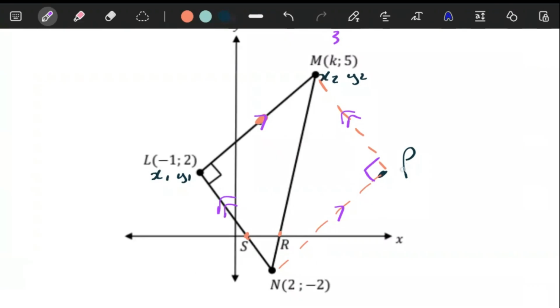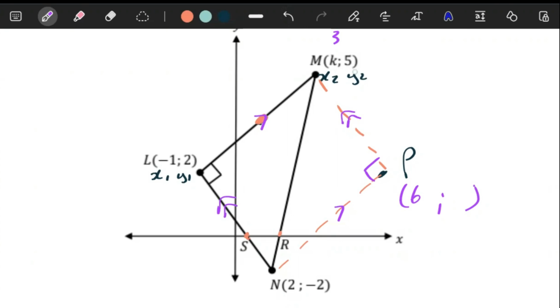So from k, which is 3, going to the x value of p, you would also move 3 units. So that's why the x value there has to be a 6.